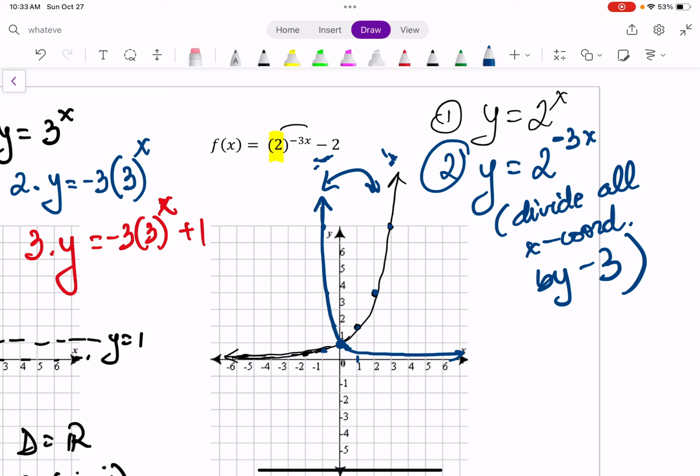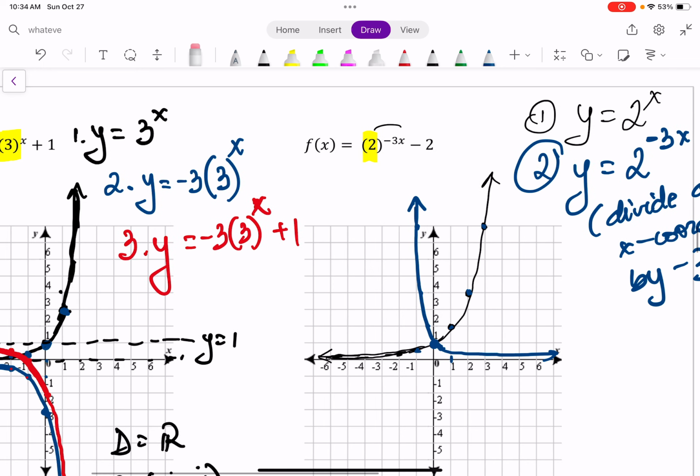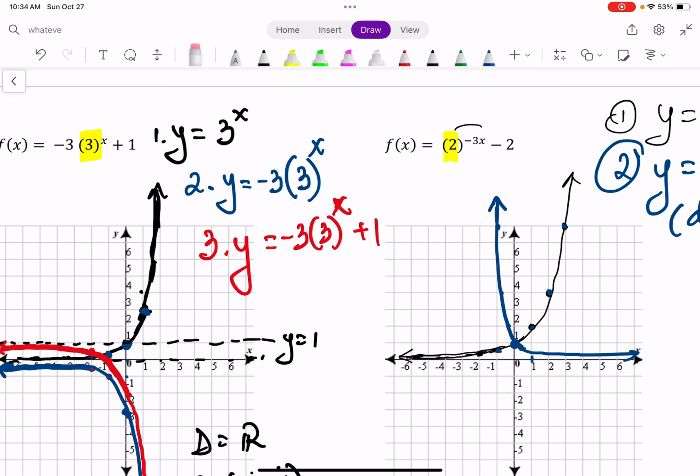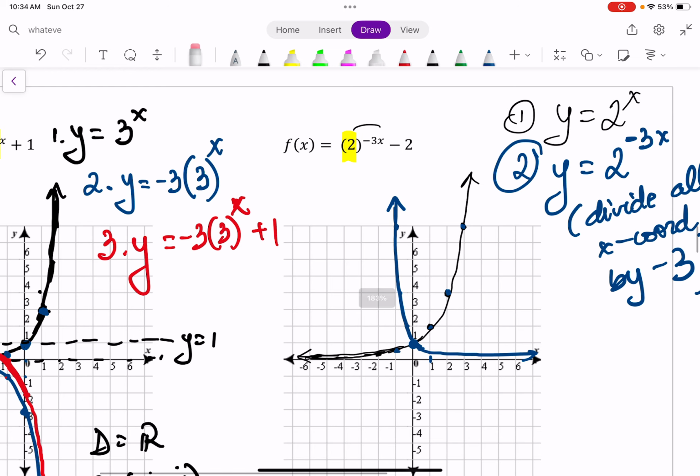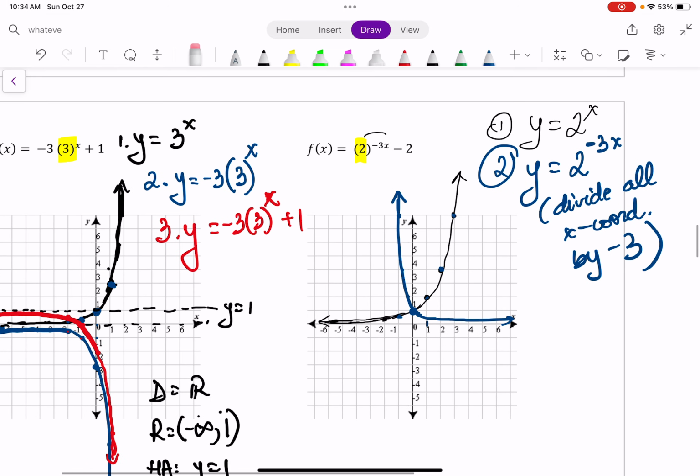So the graph got compressed into the y-axis by a factor of 3. It's always best just to think of it as, yes, multiply the y-coordinates by -3. Just take those y or x coordinates, depending on which one is changing, and do that operation to it.